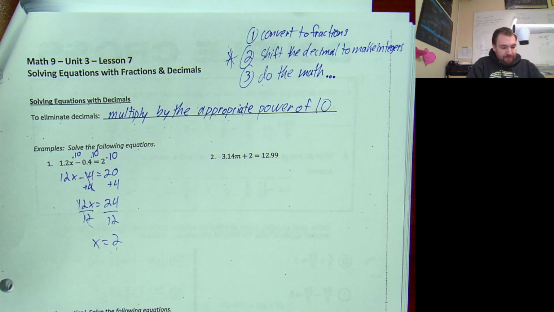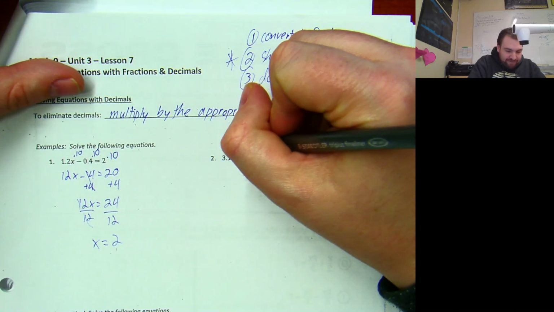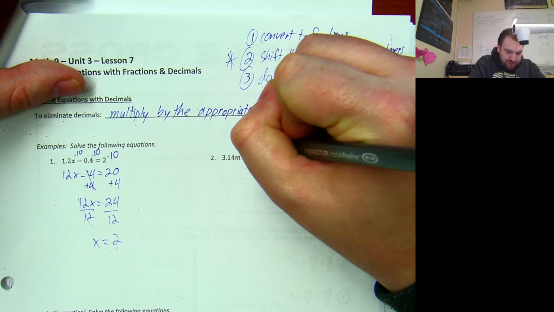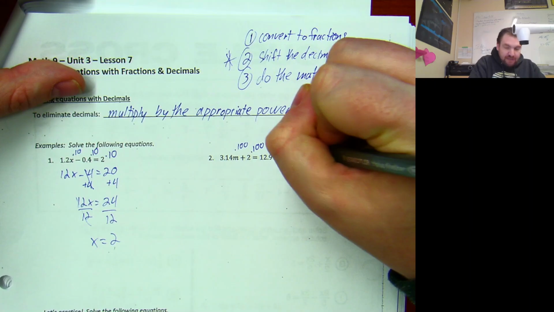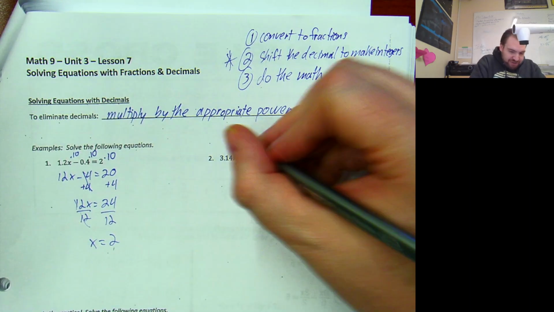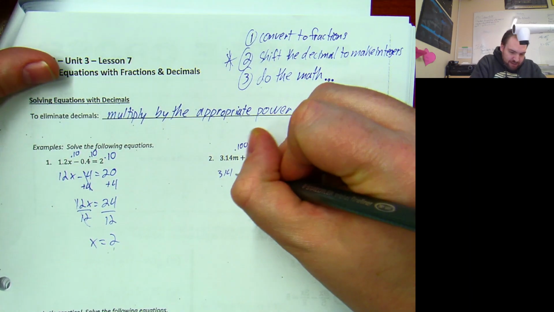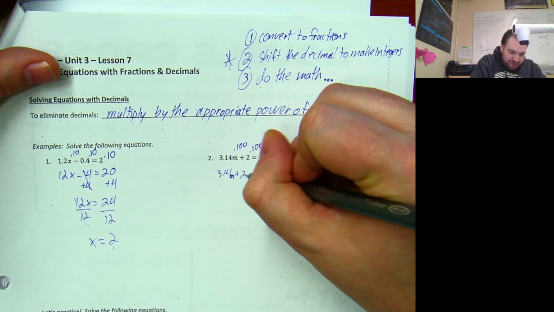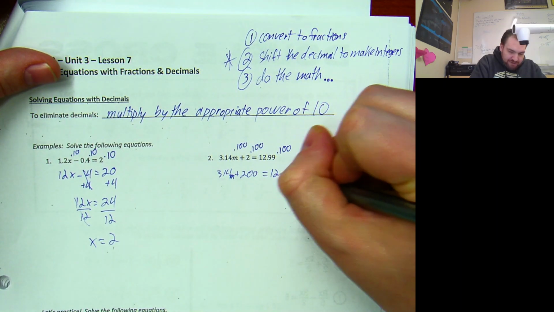What would be the appropriate power of 10 for number 2? It would be 100. Why? Because there's 2 decimal places we want to move. So I have to multiply every term, both sides, by the same power of 10. So that's going to give me 314m plus 200 equals 1,299.